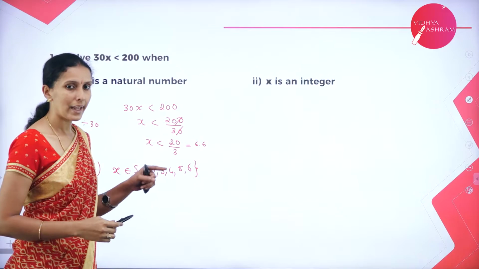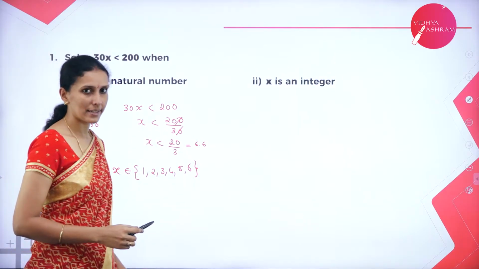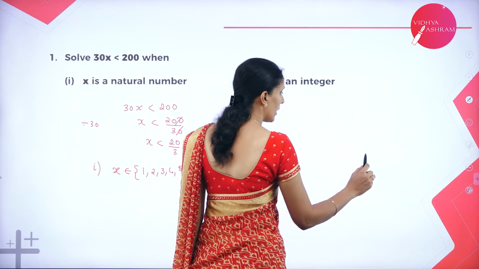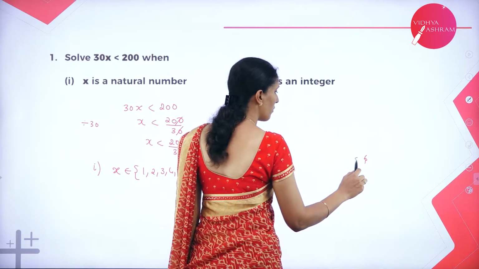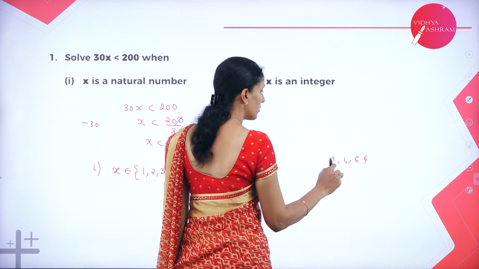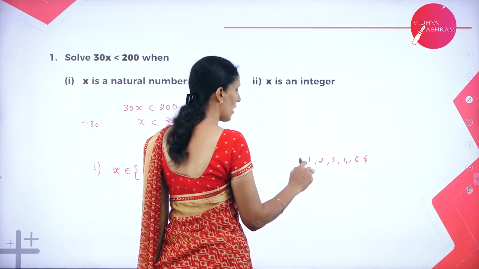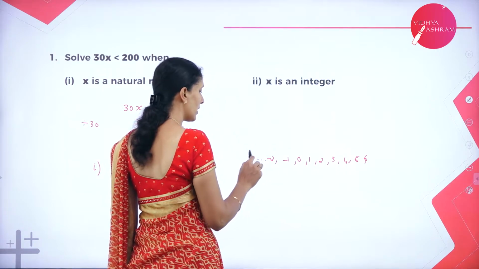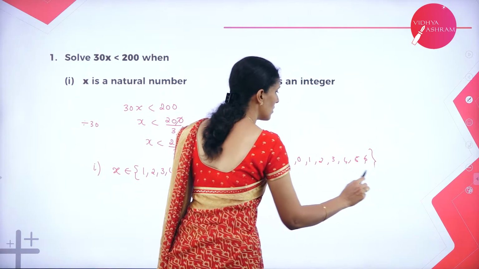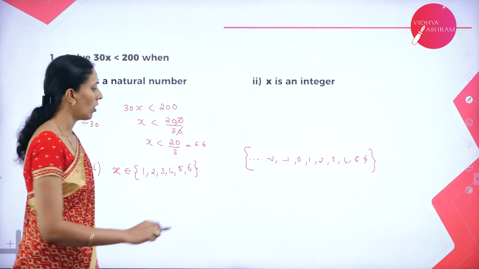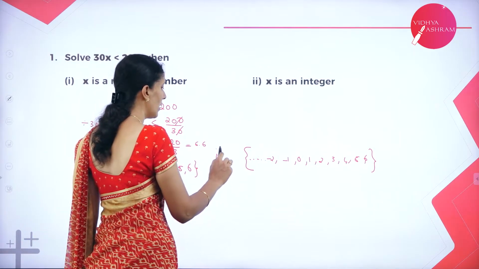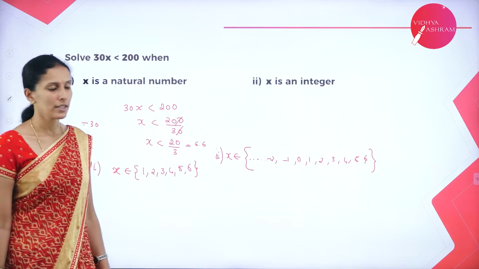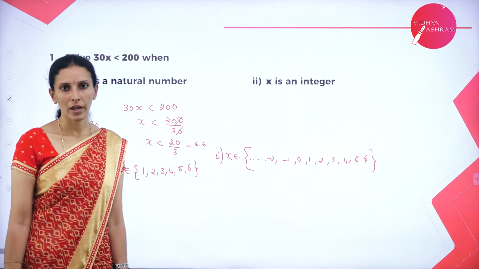So x can take all the integer values less than 6.6. So you can take 6, 5, 4, 3, 2, 1, 0, minus 1, minus 2 and an infinite number of terms. So less than 6.6, all the integers. So for the second one, x may take any values less than 6.6. This is the solution set you can write.